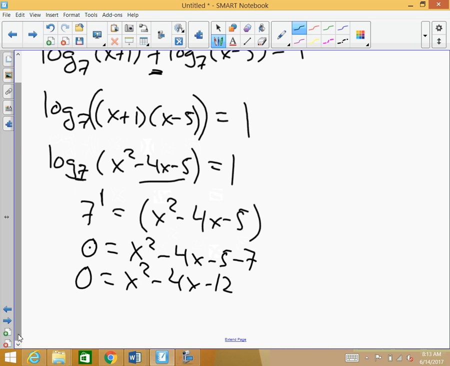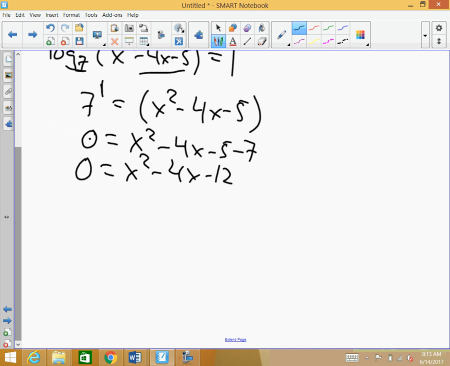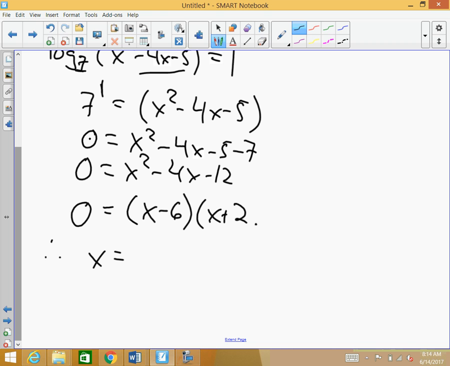But we want to know what x equals. So to figure out what x equals, I'm going to have to factor it. So I factor it and I get x, so this is 3, 1, so 6 minus 6, (x minus 6)(x plus 2). So in the end, x will be equal to 6 and negative 2.